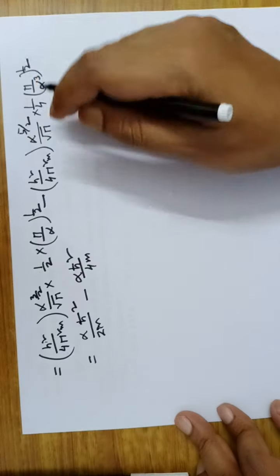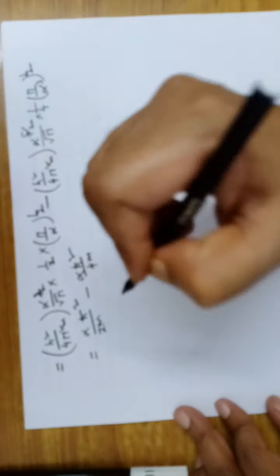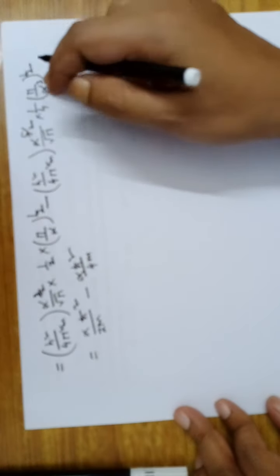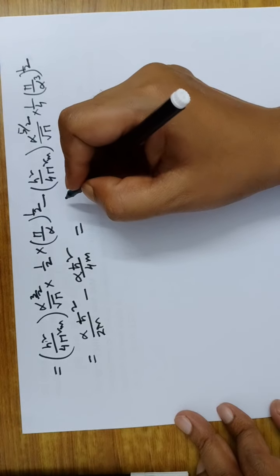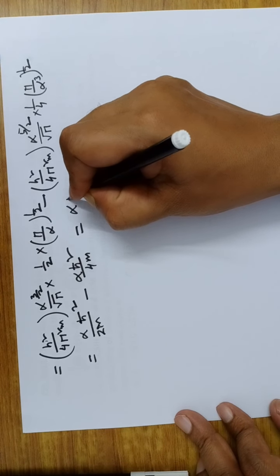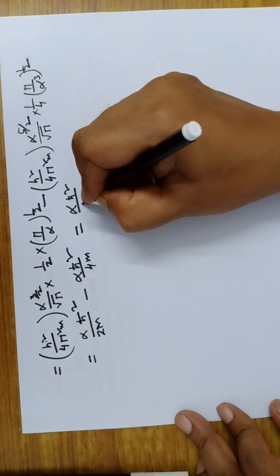There is a 4m, 4 into m, this is h cut, just alpha, then equal to alpha h cut square by 4m.